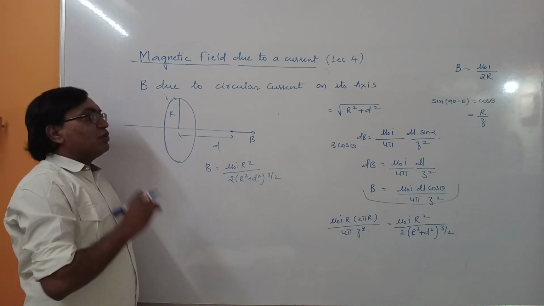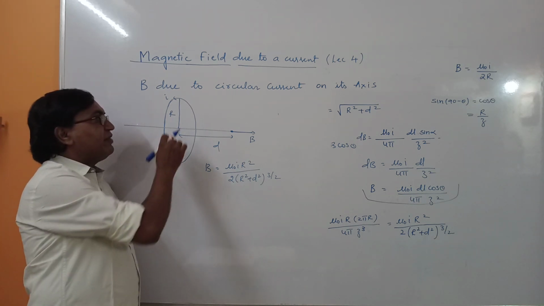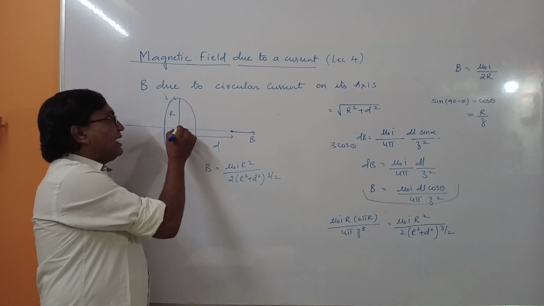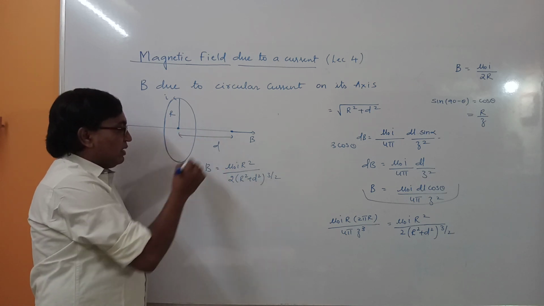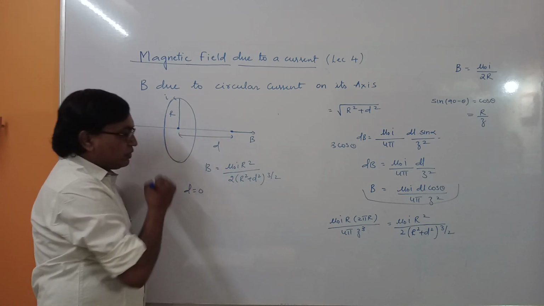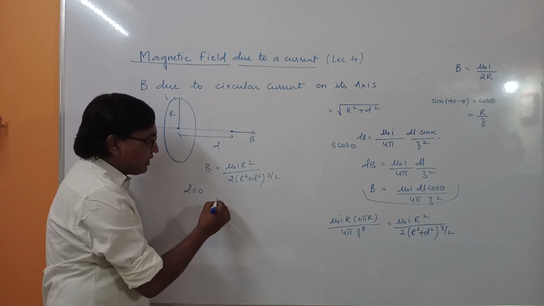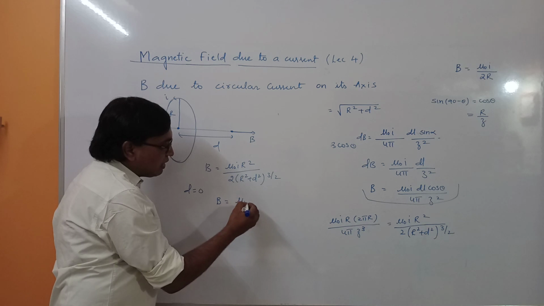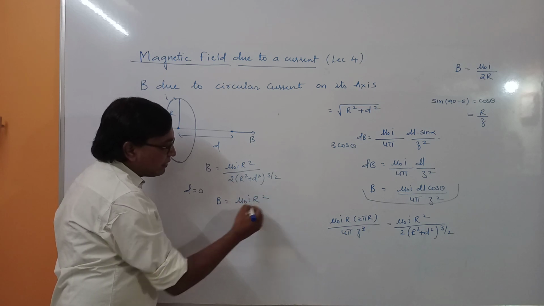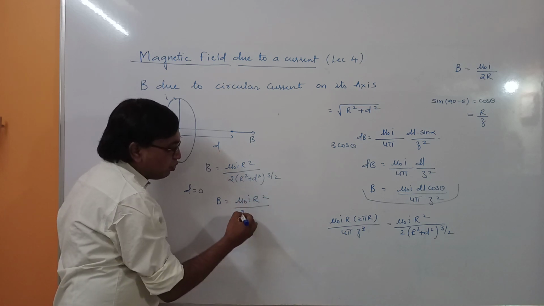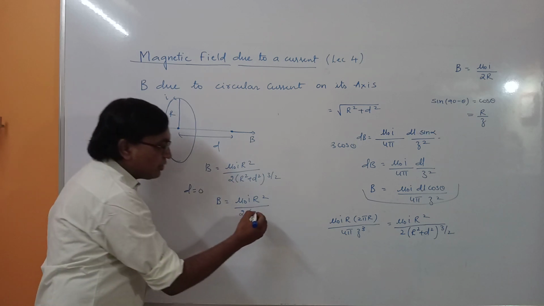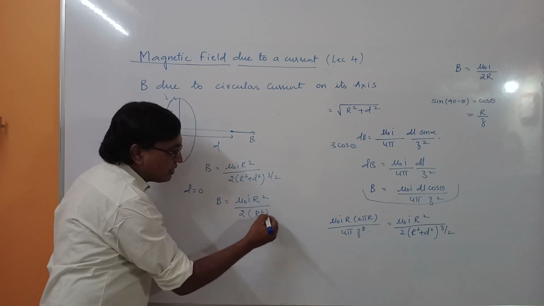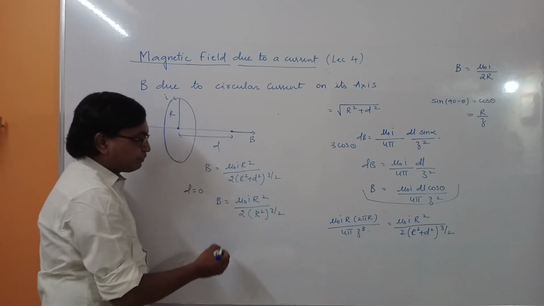Now, suppose you want to find out the magnetic field at the center. So at the center of the loop, d will become 0. If you put d equal to 0 in this equation, then B will be equal to mu naught I r square upon 2 into r square raised to 3 by 2.